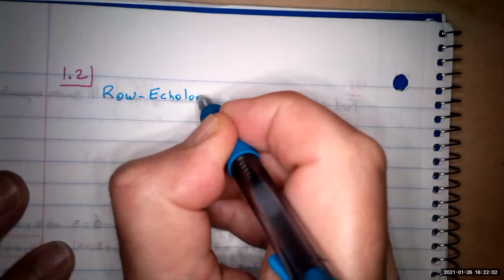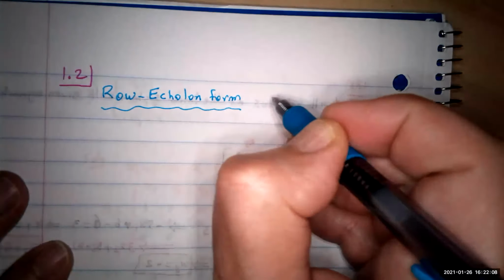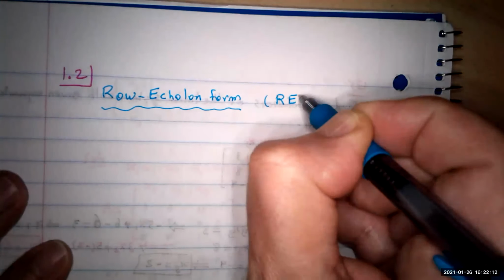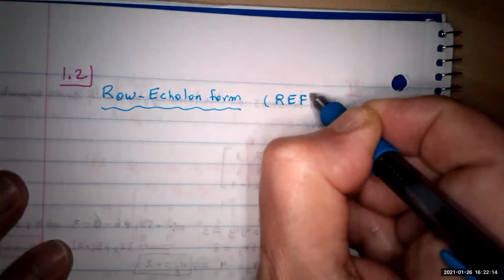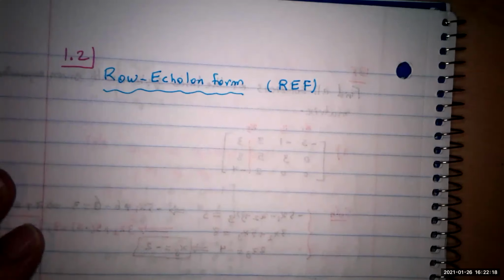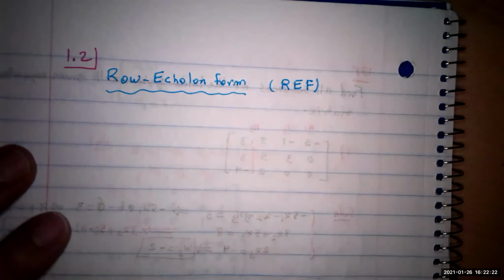Just make sure you get it right. In short, we are going to refer to it as row echelon form. I use this expression from time to time. So what does it mean? Let me write it down, then we can discuss it.